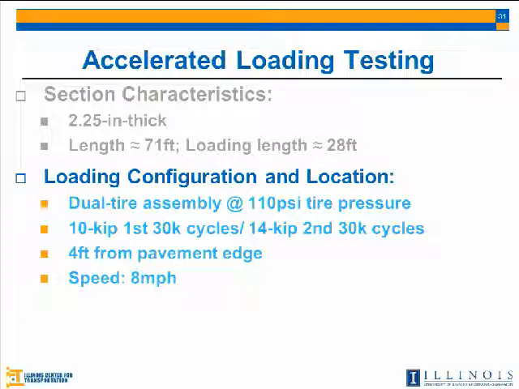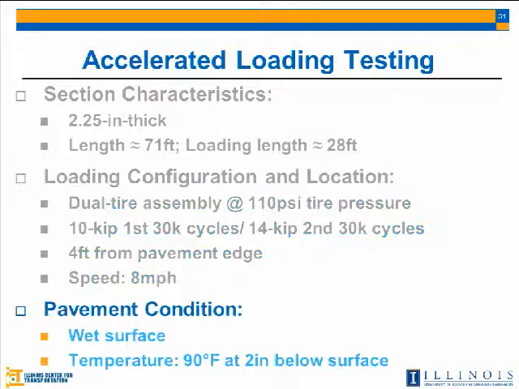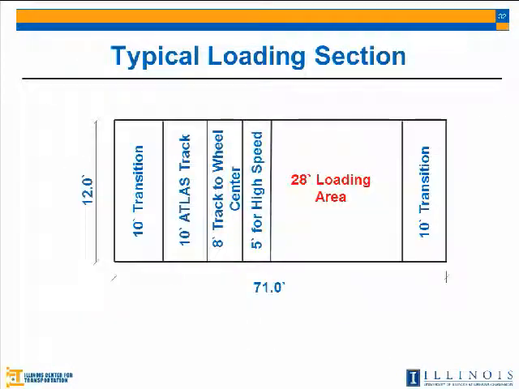But I will show you that we have run more than that. The loading is 4 feet from the pavement edge, and the speed of Atlas is 8 miles per hour. The condition is a wet surface, always, and the temperature is 90 Fahrenheit, 2 inches below the surface.